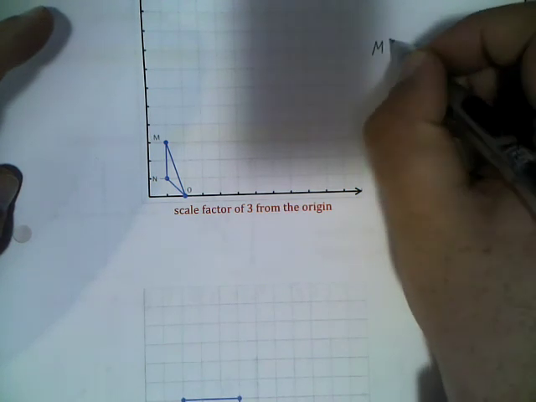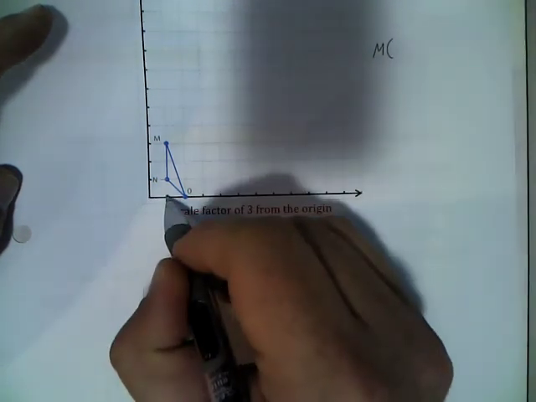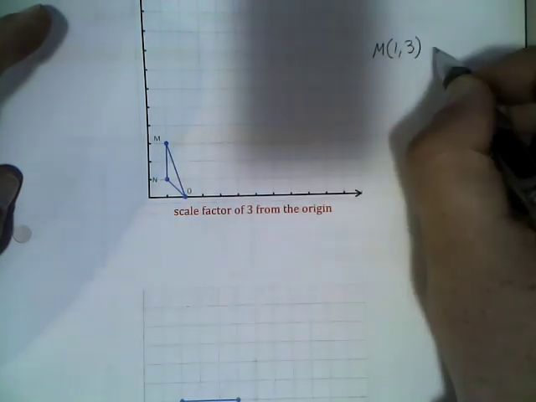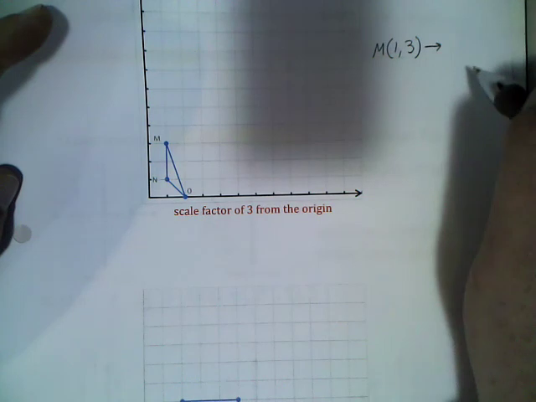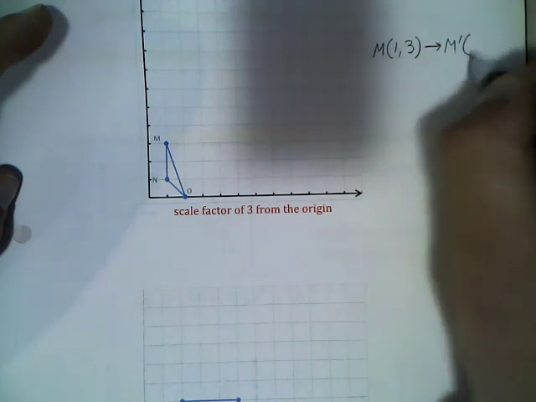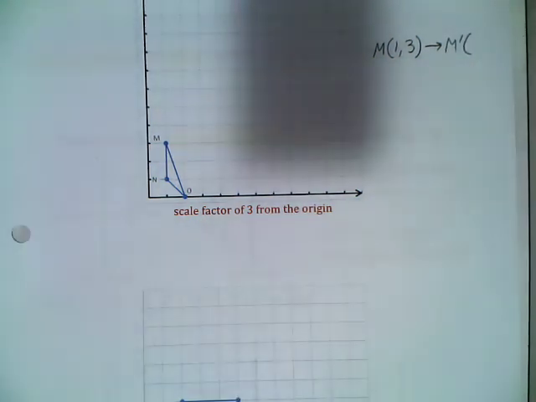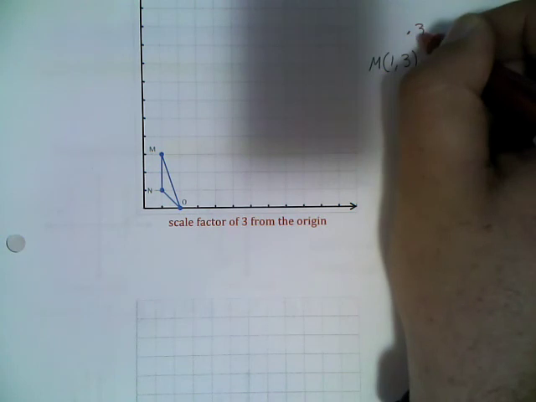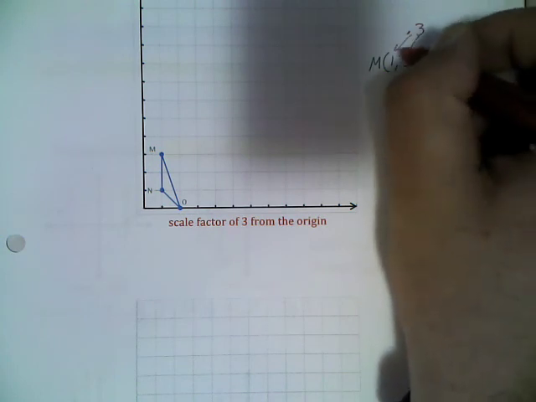So if M has coordinates 1, 3, then to find M prime, well, all you got to do is use your scale factor. So the scale factor is 3, so it's going to be times 3 to each of these.